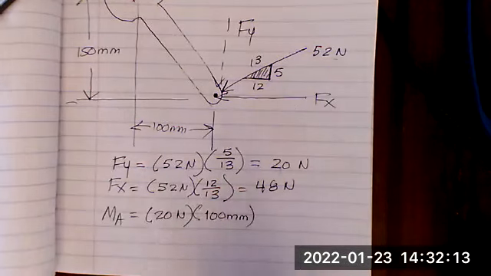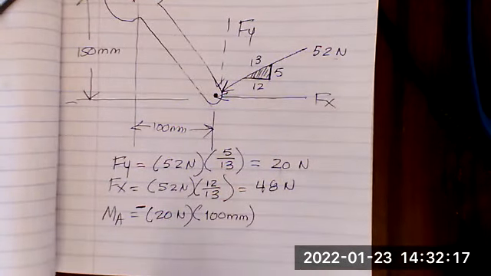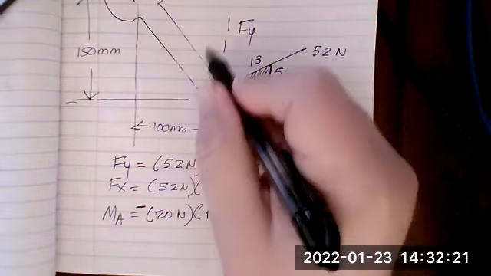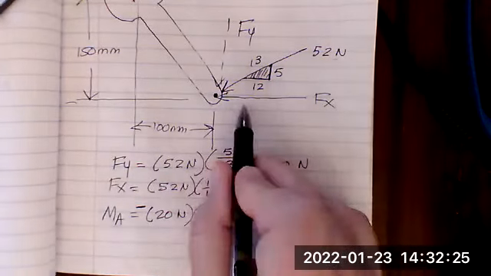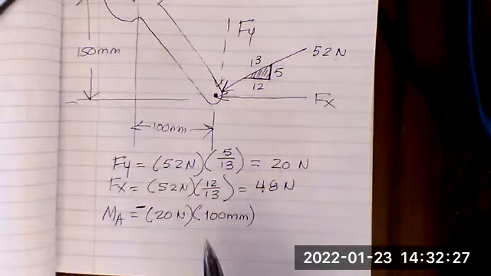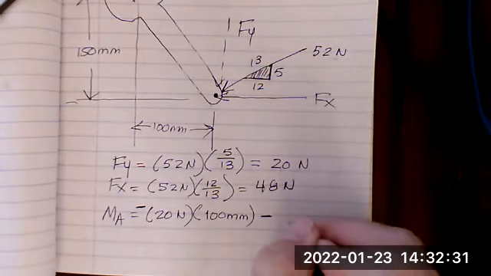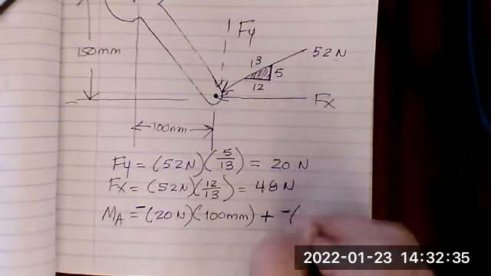A clockwise rotation. So we're going to put a negative sign out here because it's causing clockwise rotation. This force times 100 is causing a clockwise rotation about A. This force times this moment arm is also causing a clockwise rotation about A. So minus here.